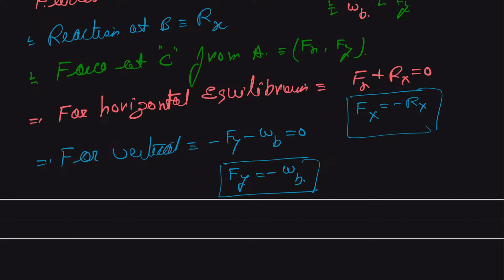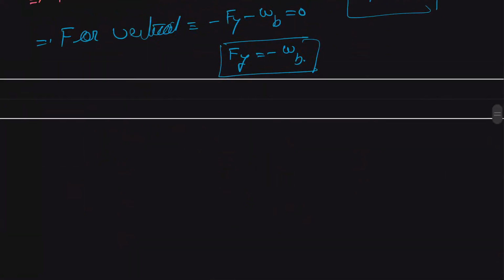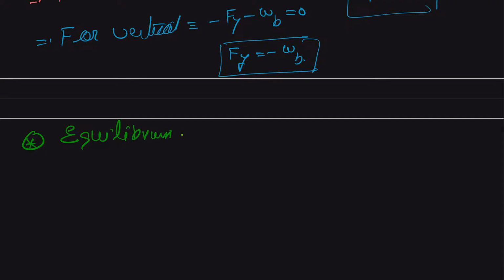And furthermore, now we come to our rod which is at an angle. So we can say equilibrium of a rod AC, and for that we are almost going to draw the same figure.